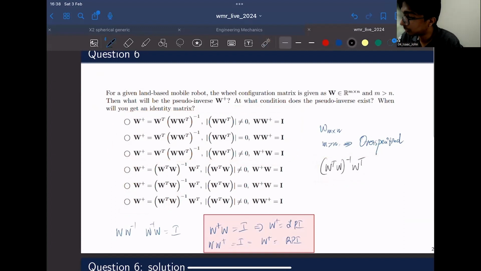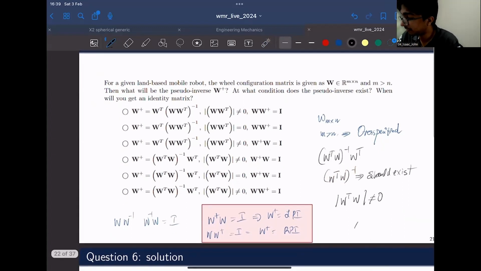And you also know that in order for the pseudo inverse to exist, there should be a regular inverse of W transpose W. This should exist. And if W transpose W inverse should exist, then the determinant of W transpose W should not be 0. Because for a square matrix A, A inverse will only exist if the determinant of A is non-zero.